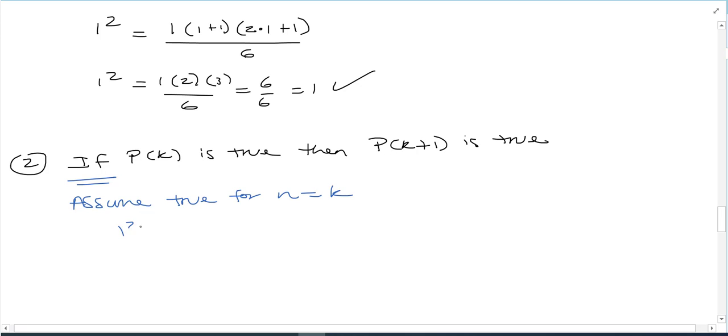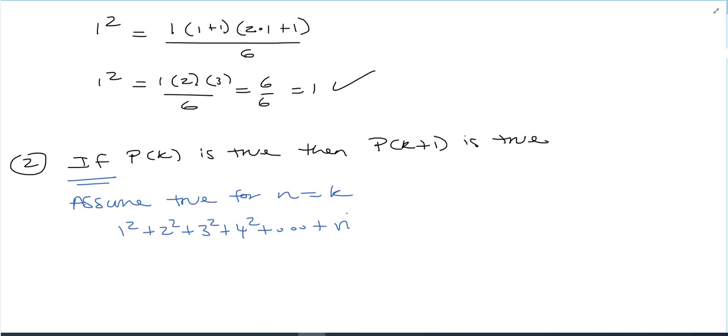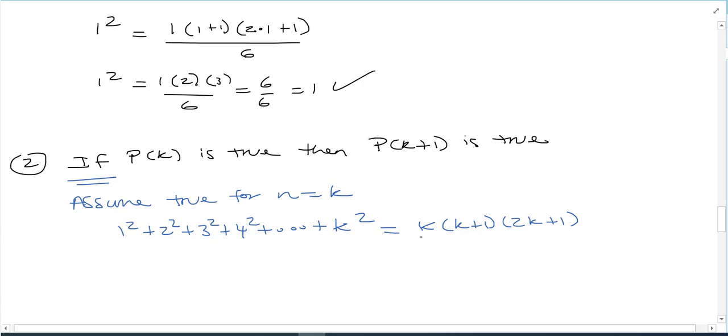So that means 1 squared plus 2 squared plus 3 squared plus 4 squared and so on, plus k squared, is equal to k times k plus 1 times 2k plus 1 over 6. This is our statement about n, so everywhere you see an n, plug in the k. We are assuming that is true.